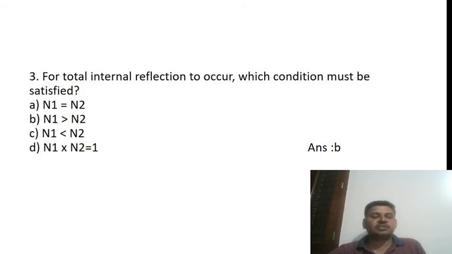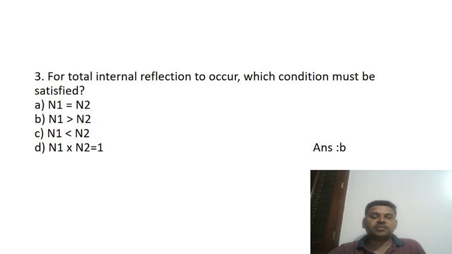That is always n1 is greater than n2. n1 means the refractive index of the core and n2 means the refractive index of the cladding. The core refractive index will always be more than the cladding, and only then will the light take total internal reflection.